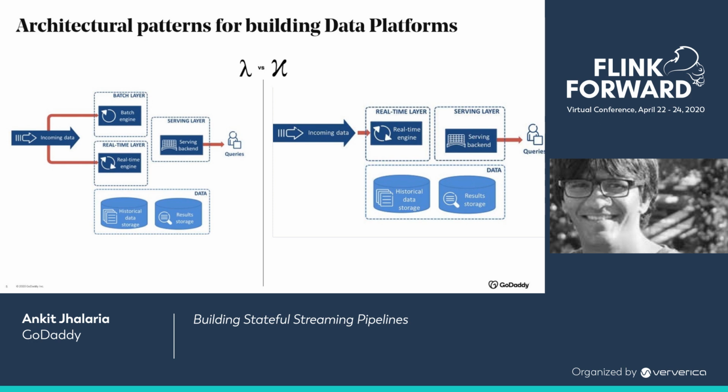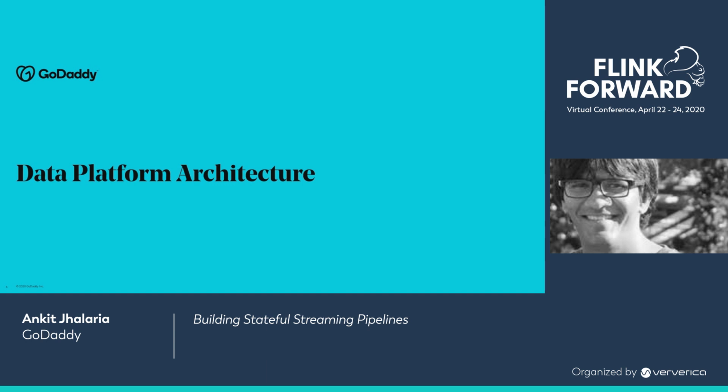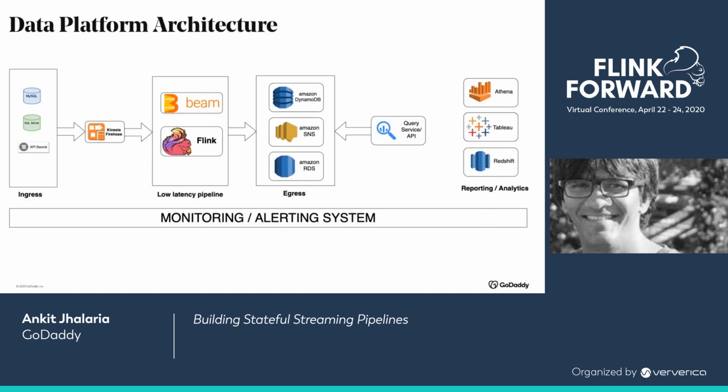But the whole concept, and the benefit that you get out of Flink, is that it's also designed with streaming first, and then batch is just adding bounds to your stream of data. So if you have an infinite stream, and if you add a start and an endpoint to it, that's essentially your batch. With that said, let's look at our architecture, or GoDaddy's architecture.